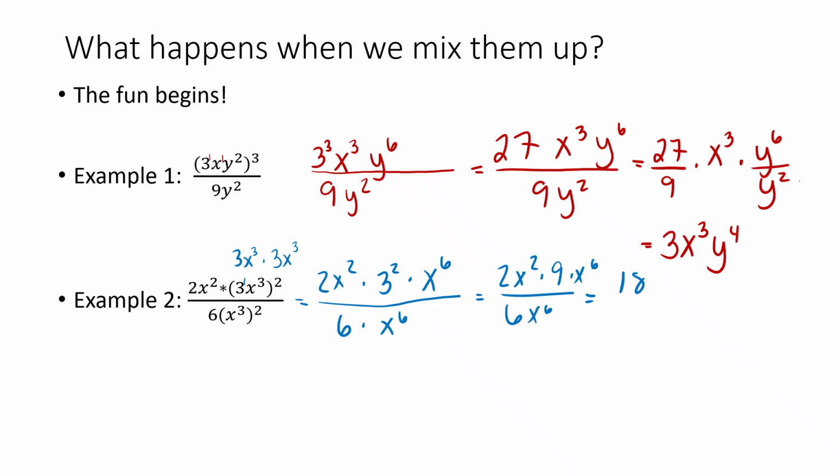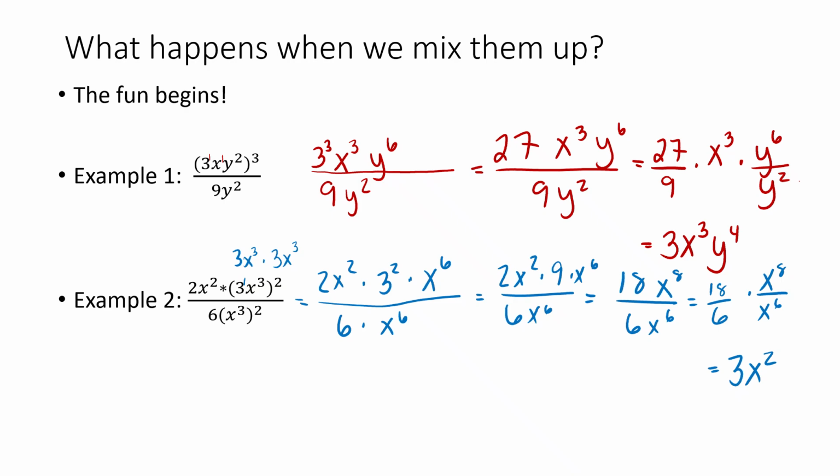And then when we multiply like bases, we add exponents, so 2 plus 6 is 8. And then do those mini problems. So you have 18 over 6 is one of them, and x to the 8th over x to the 6th is the other one. 18 divided by 6 is 3, and then we subtract the exponents there, 8 minus 6 is 2, and it simplifies to 3x squared.